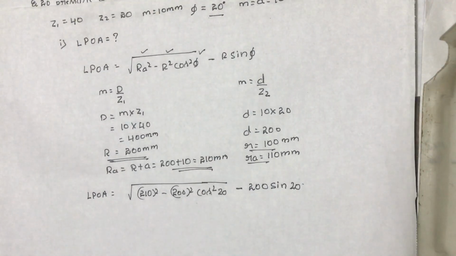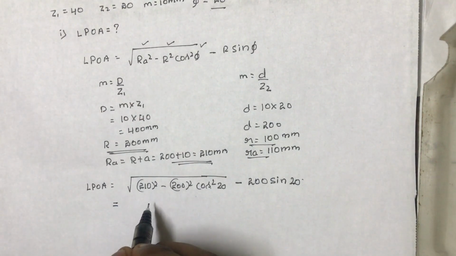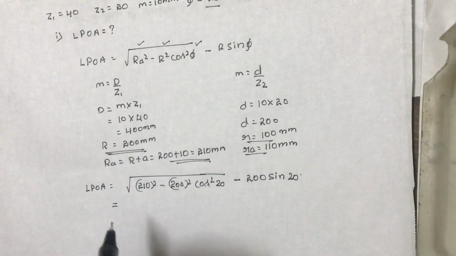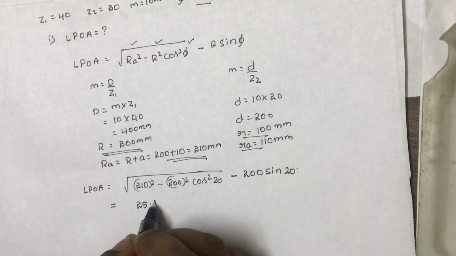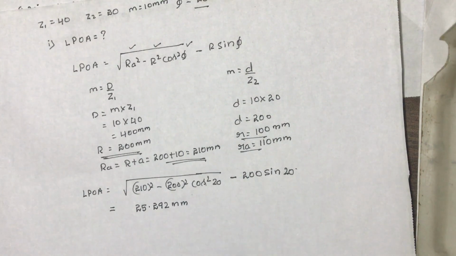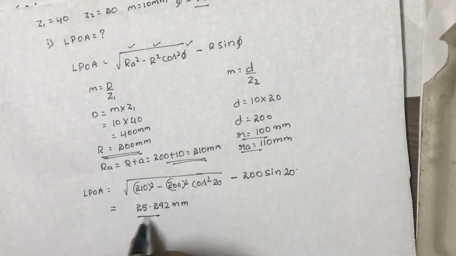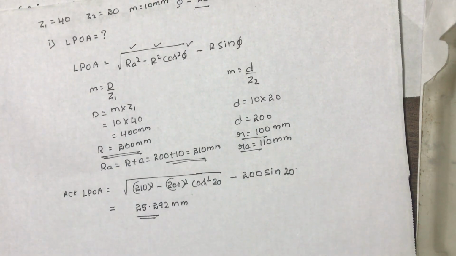So after substituting these values in the formula, you simplify it with the help of calculator, so that you'll get the value as 25.292. Make sure your calculator is in degree mode. So this is actual length of path of approach. Okay, so this is the first part. It is already over now.